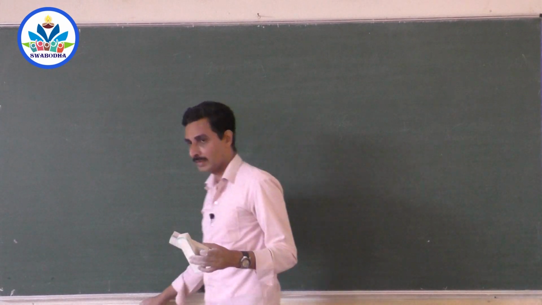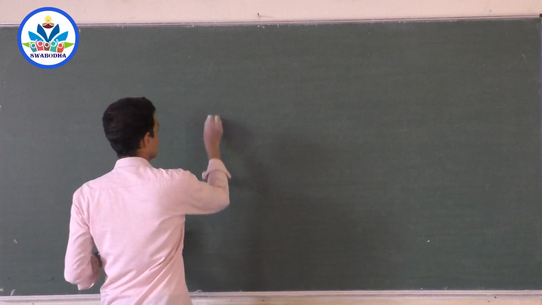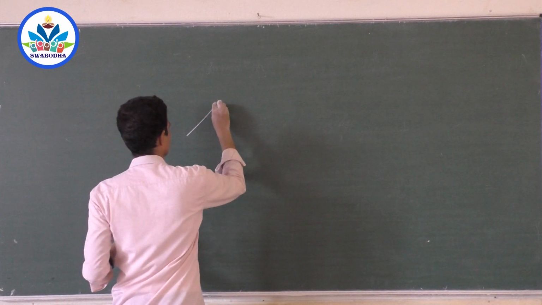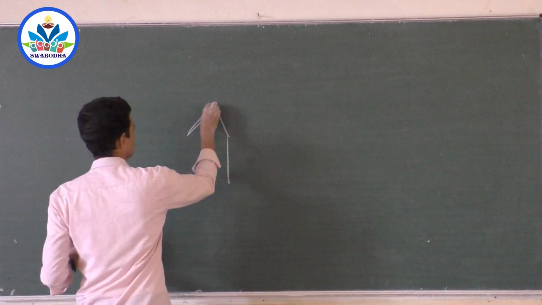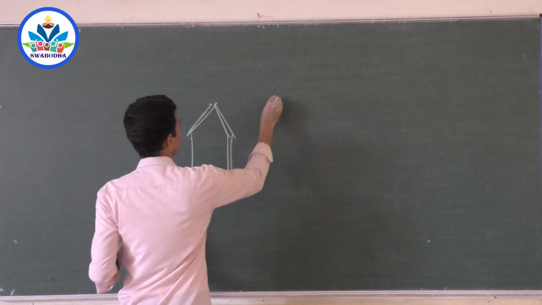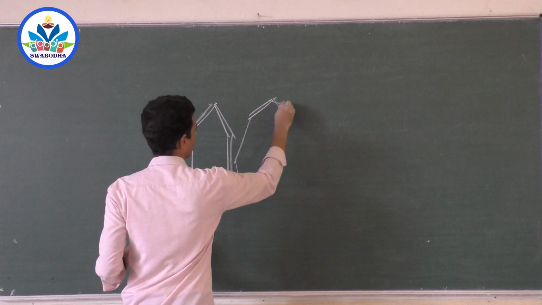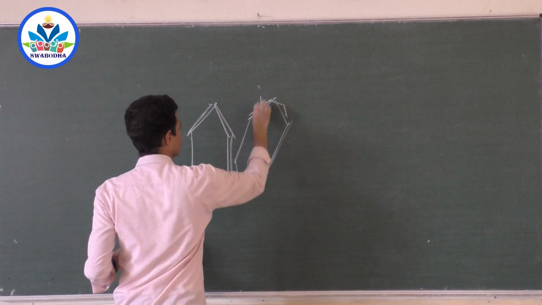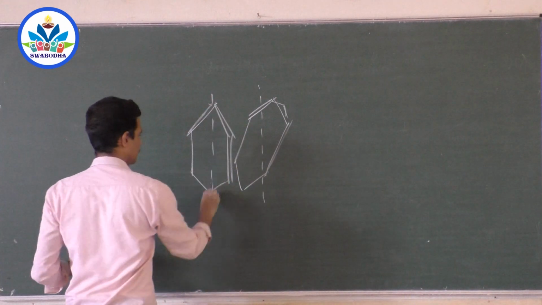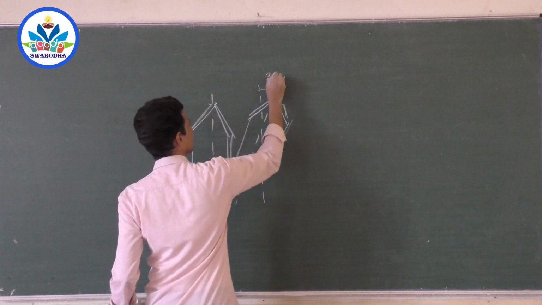Very simple. I have two crystals inclined at an angle of 30 degrees. This is one, and another one like this. Compared to this axis, this axis is at 30 degrees.